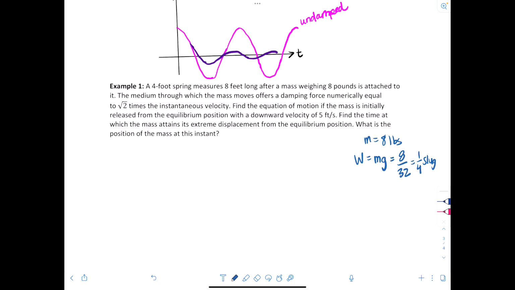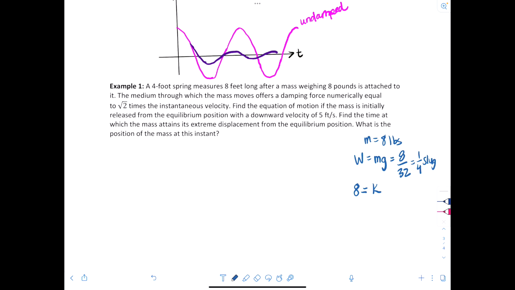All right, and then, well, let's look at K. So we're going to have 8 is equal to K times S. What is the S going to be? So it's a 4-foot spring, but it measures 8 feet long after this mass is attached.